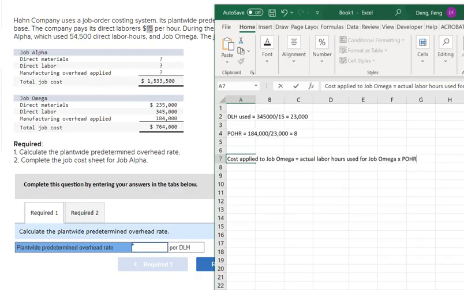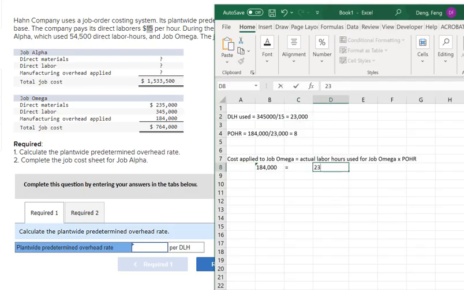So mathematically, that's what it is. And then we know the cost applied to the Omega is 184,000. That's how much it was applied. And we also know the actual labor hours we calculated here is 23,000.